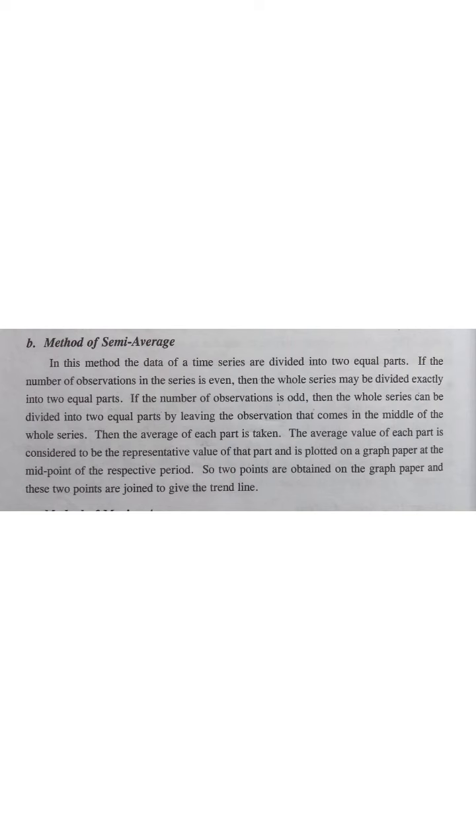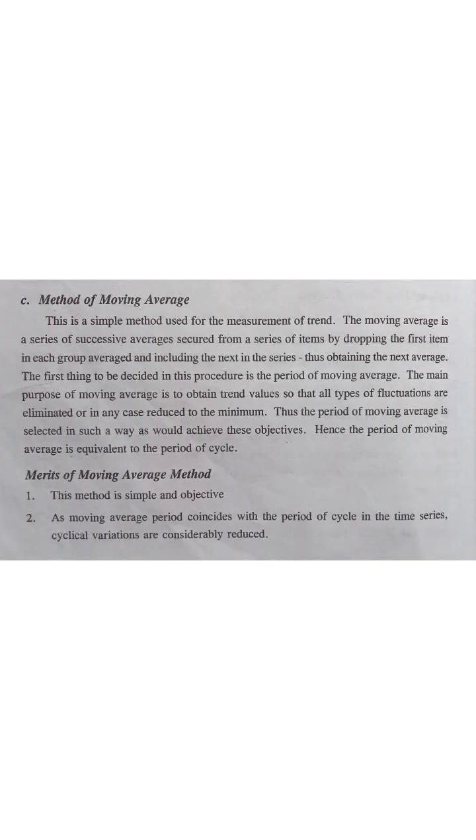In time series analysis, the third major method we have to learn is the method of moving average. This simple method is used for the measurement of trend. The moving average is a series of successive averages secured from a series of items by dropping the first item.